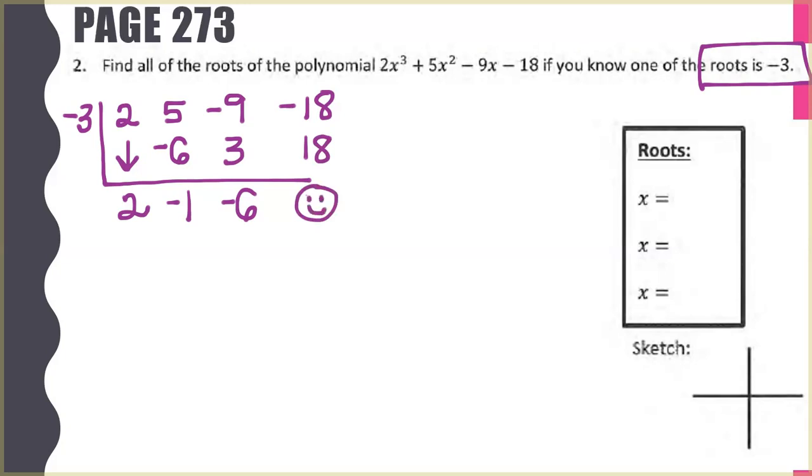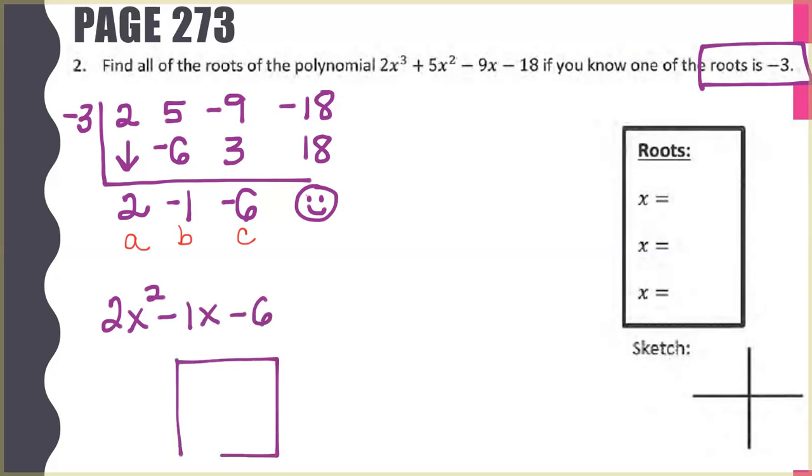And I can be sure I got that right because I ended with a 0. So remember, these are A, B, and C. So that's 2x squared minus 1x minus 6. So we're going to factor that down. The 2x squared goes here, and the -6 will go here.